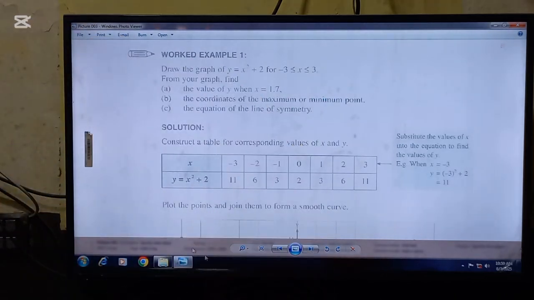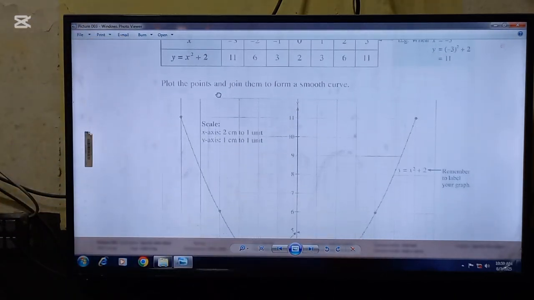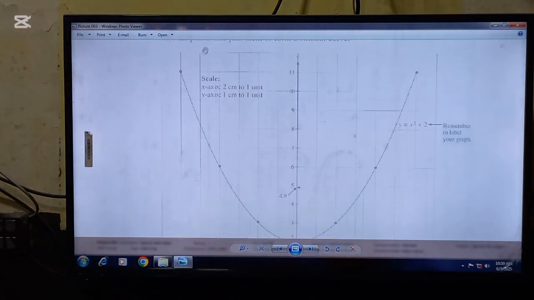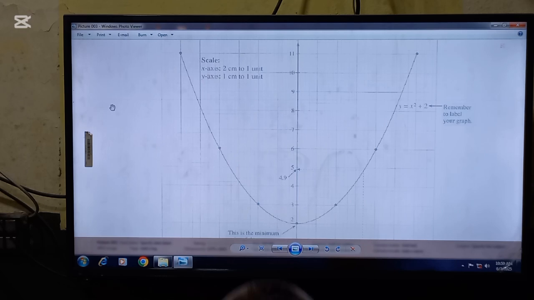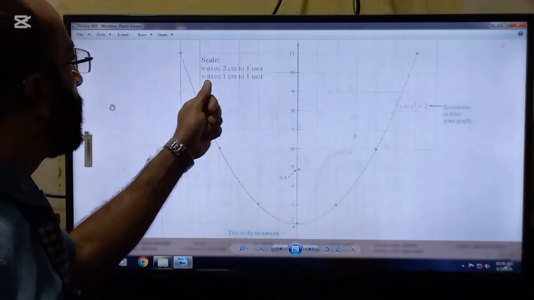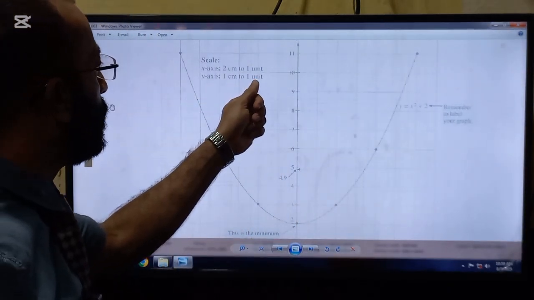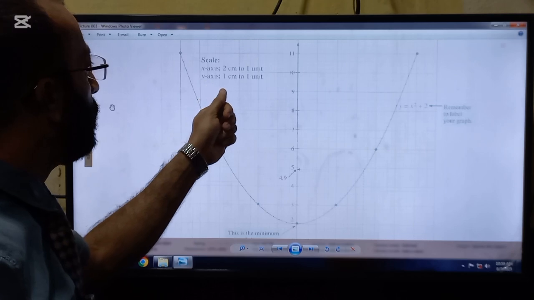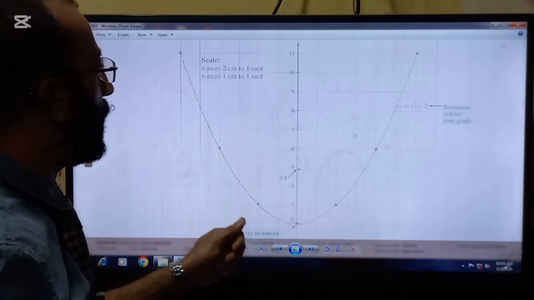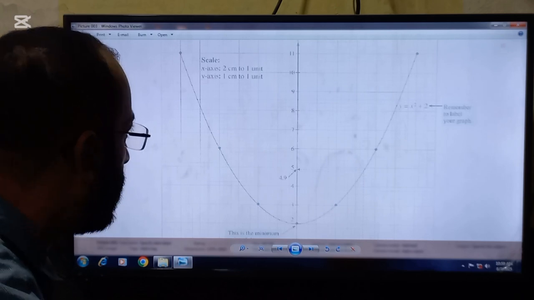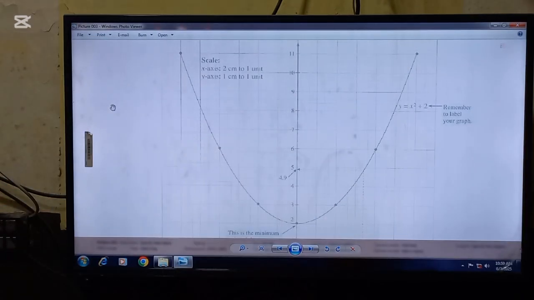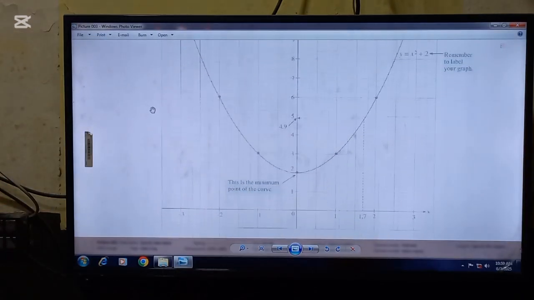The second step is to choose a suitable scale. So look here, we have chosen a scale where the x-axis is 2 centimeters to 1 unit and the y-axis is 1 centimeter to 1 unit. So this is the second step, according to which you can see these are actually the scale points.